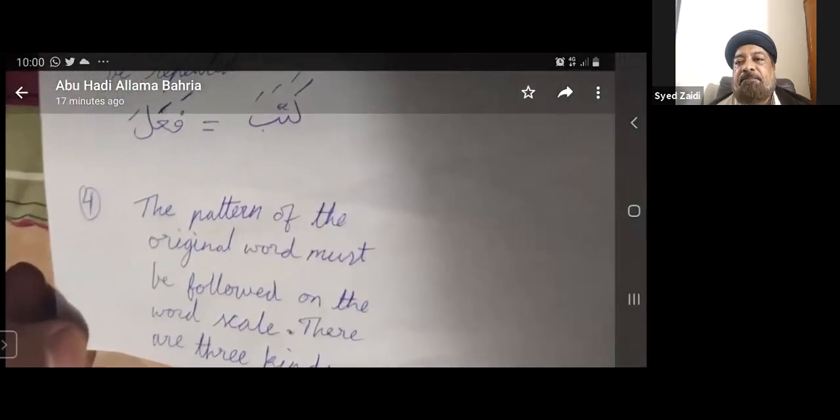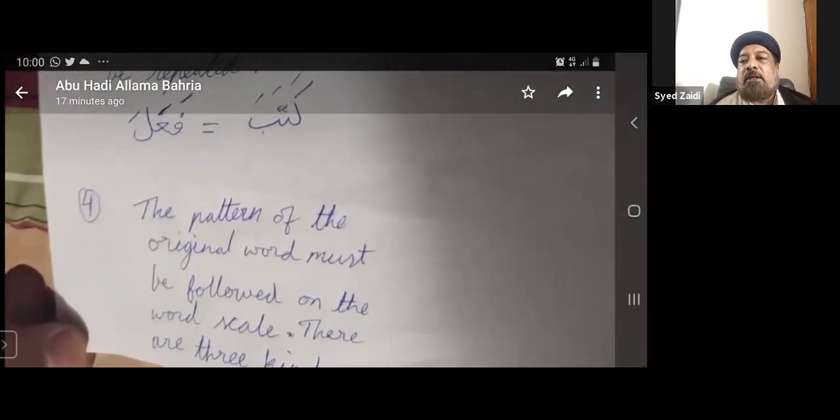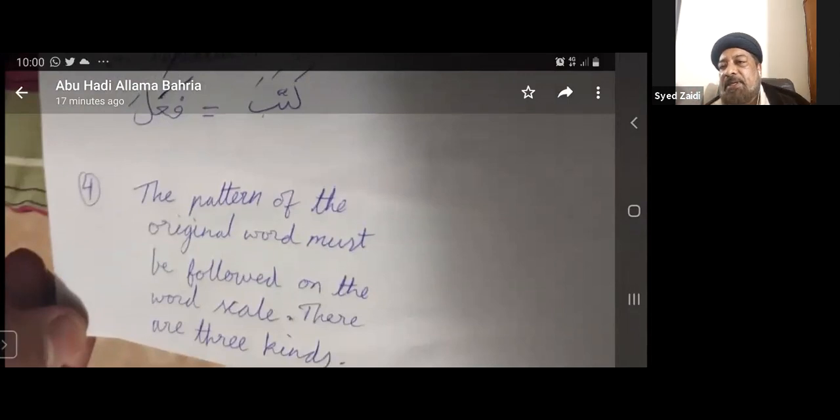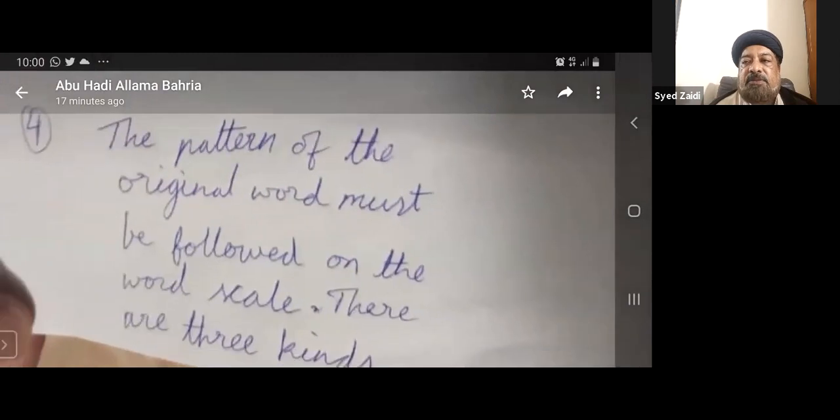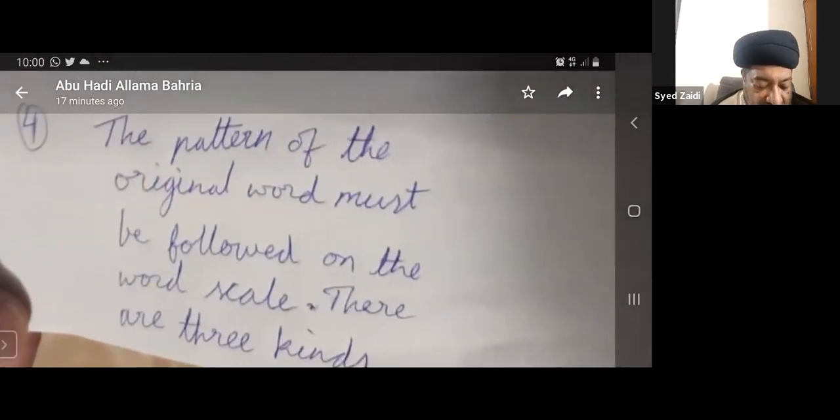By that I mean that once you have, for example, ilm, alim, right? Now we're going to refer to the root word. Whatever happened in the real original root word will happen in the word scale, right?